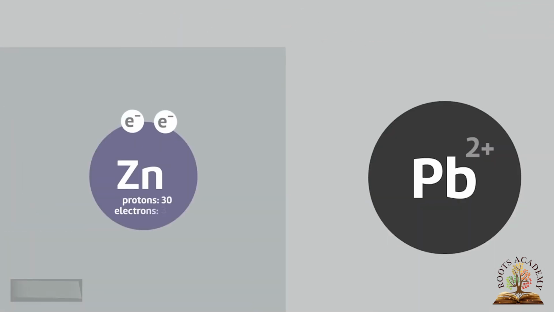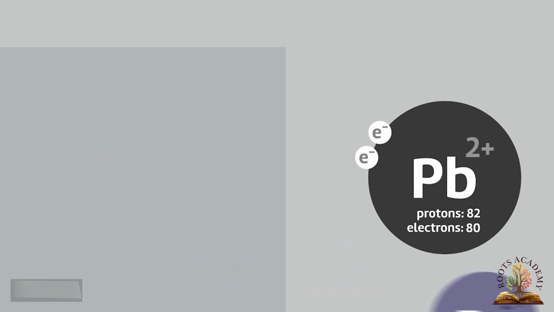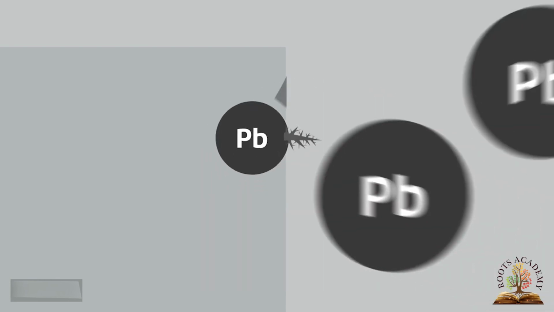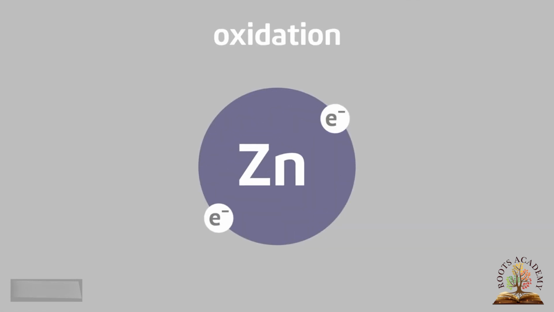Zinc is more reactive than lead, which means it more readily gives up its electrons. So the zinc atoms lose their electrons to the lead ions. This turns the zinc atoms into positive ions, which move into solution, and the lead ions into lead atoms, which form beautiful metal crystals as they come out of solution. This is an oxidation reaction too. The zinc has been oxidized because it lost electrons.